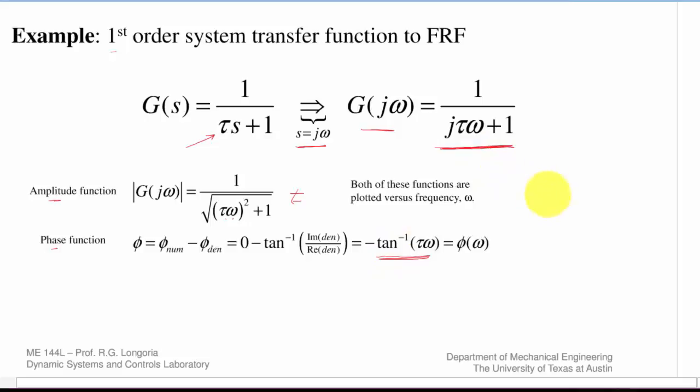And again, these can be plotted over frequency, right? We plot the phase, and we plot this amplitude function. The first order systems have a very characteristic response. The phase has a characteristic response, and so does the amplitude.